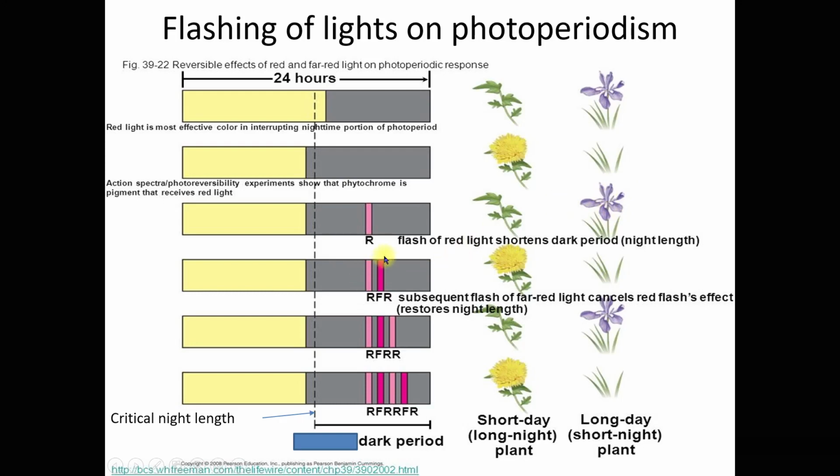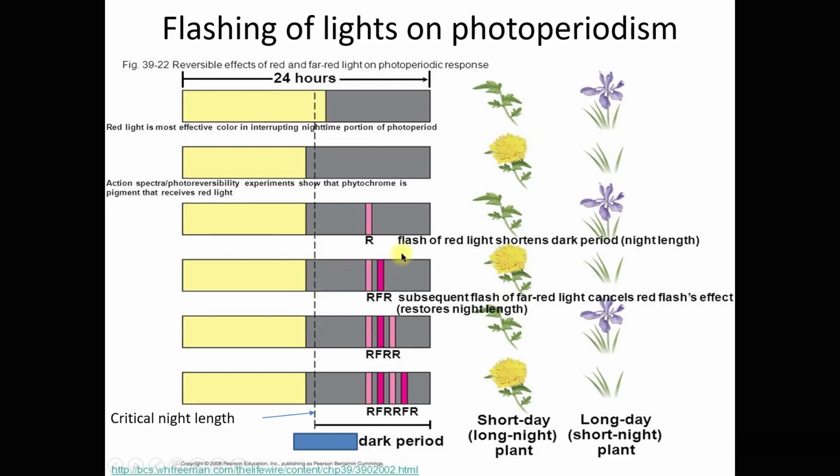Now, what will happen if after we flash a red light here, we flash a far red light here, as shown? The far red light will cancel off the effect of the red light. So the short day plants will flower. Why? Because their dark period exceeds the critical night length.